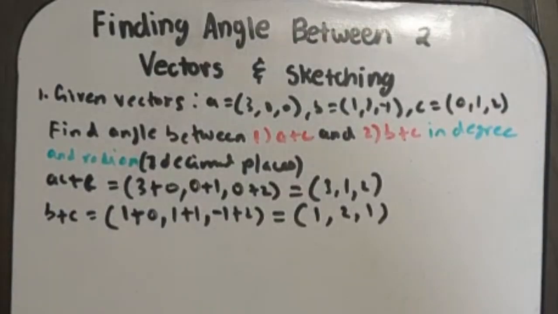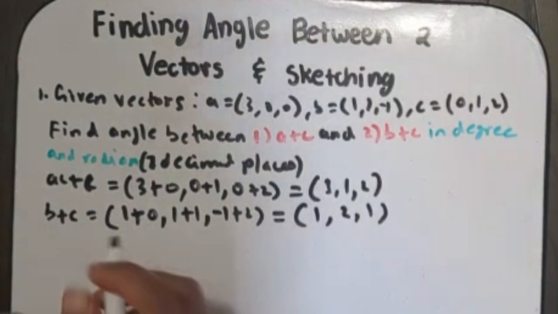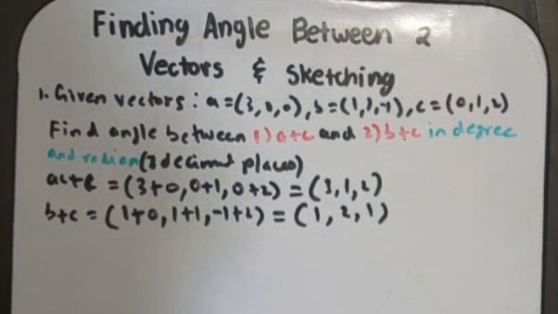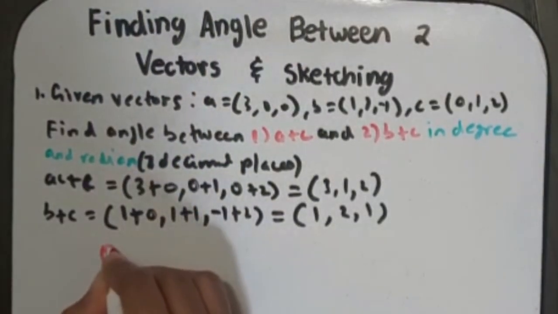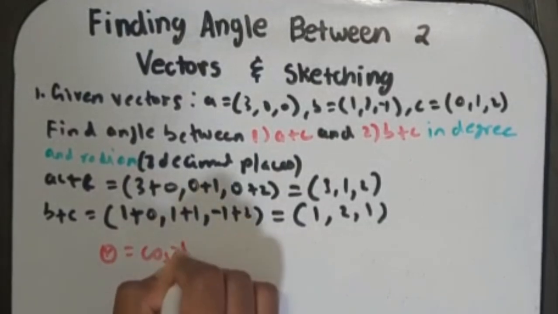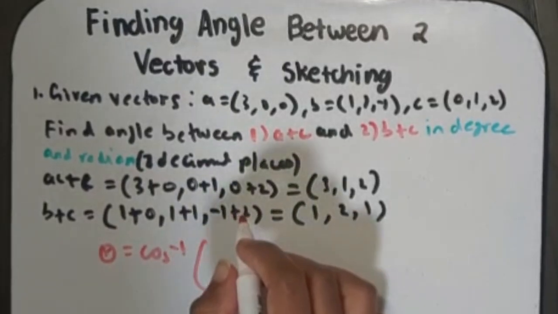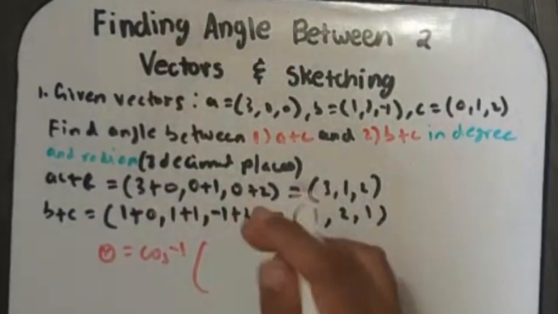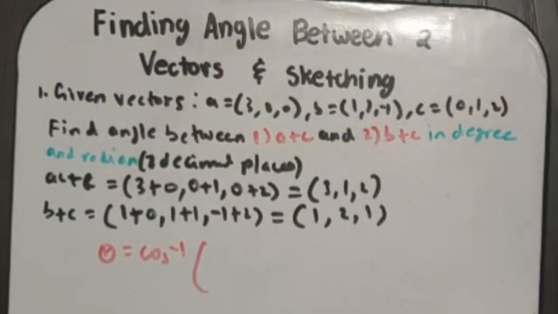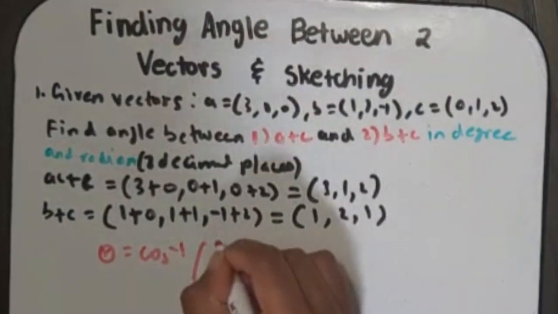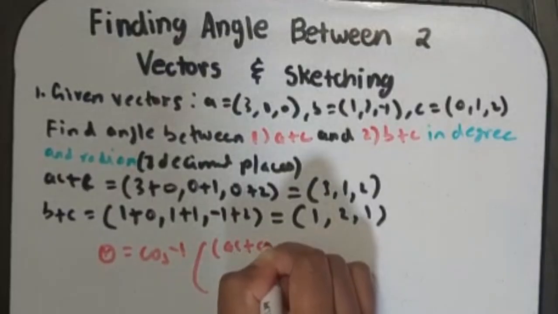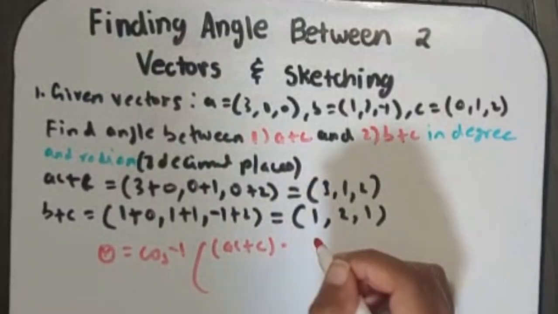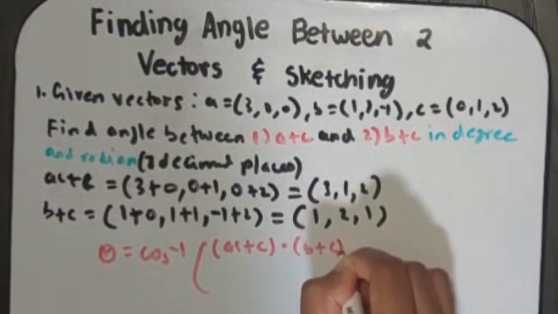The way to find the angle, the formula for that, comes from this formula right here. Theta is equal to cosine inverse of, in this case, whatever vectors you have. In this case, we have the vectors a plus c dot product with b plus c, because those are our two vectors.